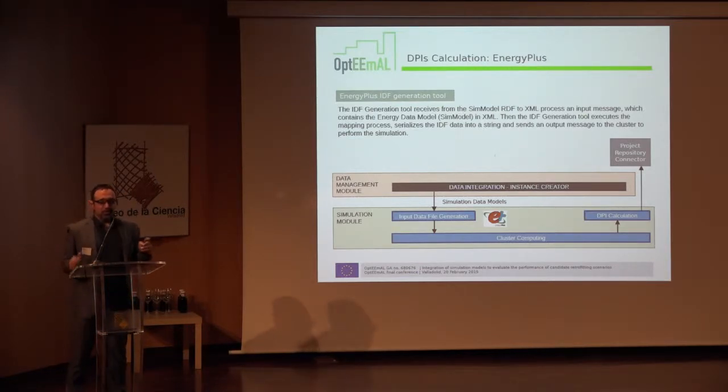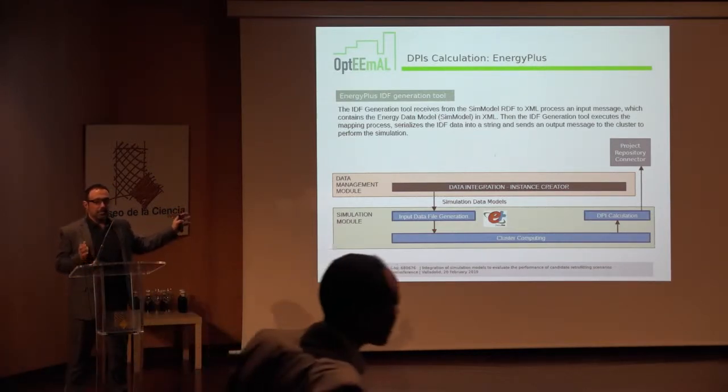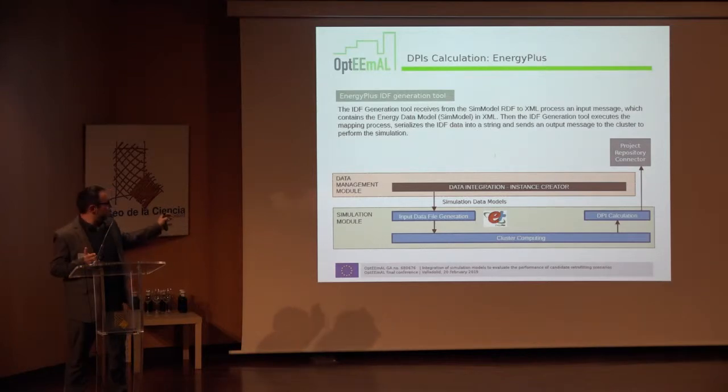Okay, so for every simulation, we need an input data file, an EnergyPlus input data file to be generated, which is the file that is required for EnergyPlus simulations. And this is fed into a cluster of computing resources, and executed.